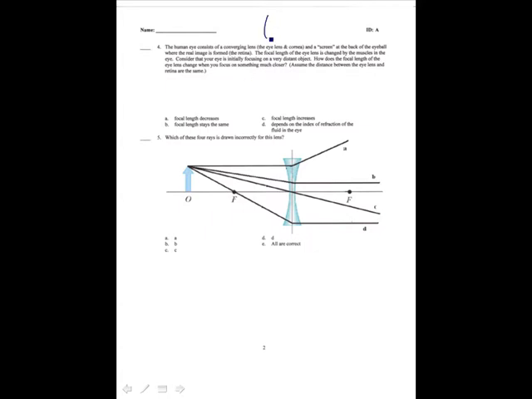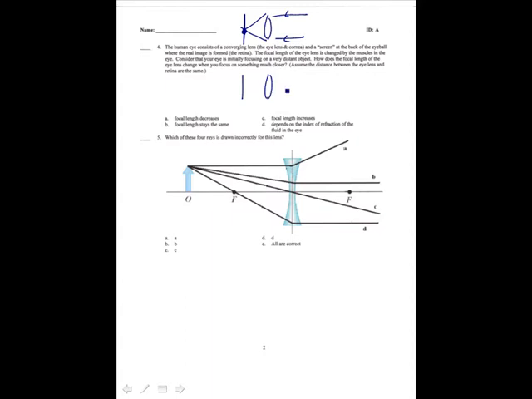So here is the lens of your eye. You have light rays coming in parallel from an object that's very far away, and that's going to focus at the focal point. So our retina is going to be at that point. Now I want to focus on something that is much closer. How does my focal length change? The distance between the lens and the retina does not change.